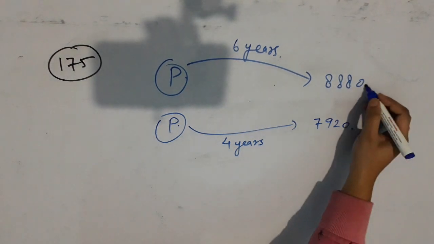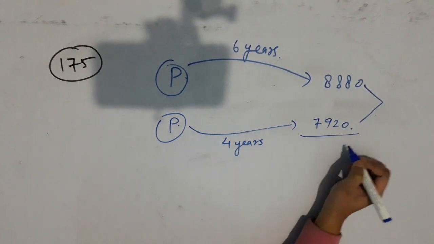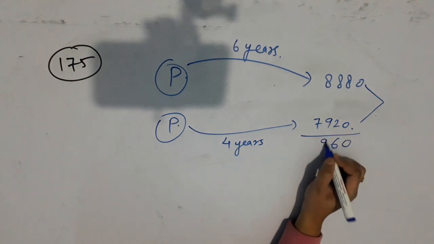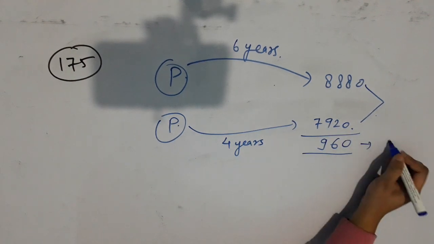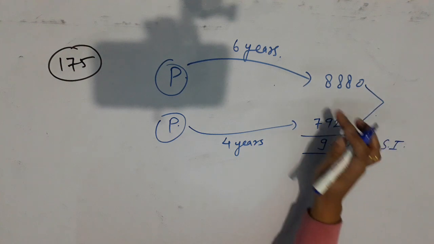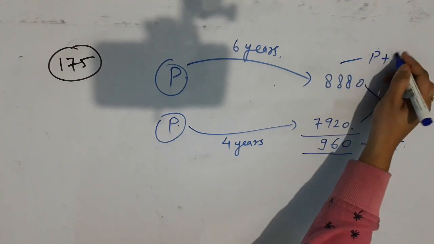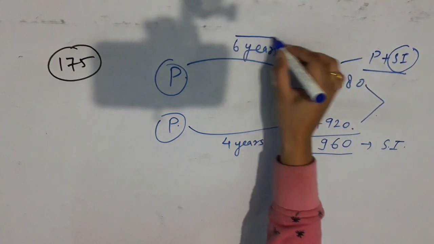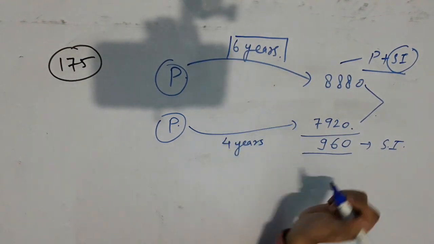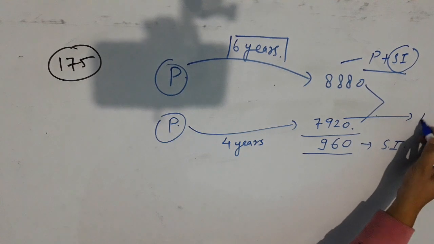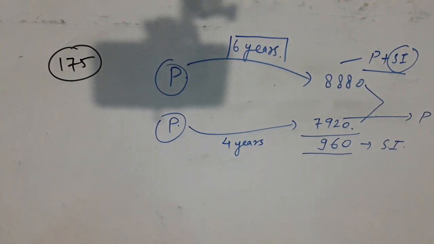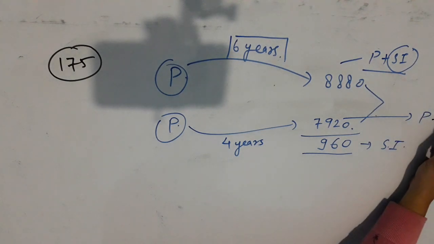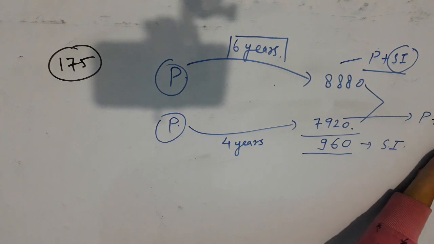So if you subtract these numbers, this will be the interest, right? Because this is principal plus interest, the interest given in 6 years. Similarly, this is also the principal, and whatever interest is given here.